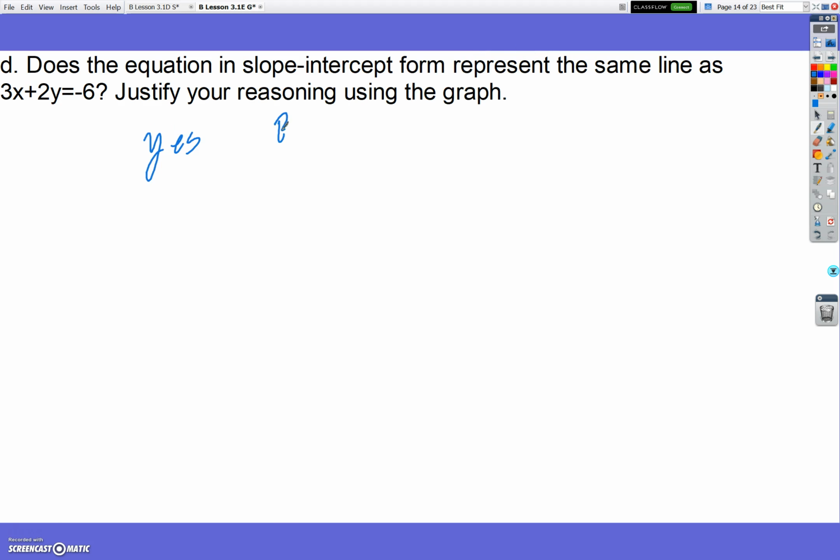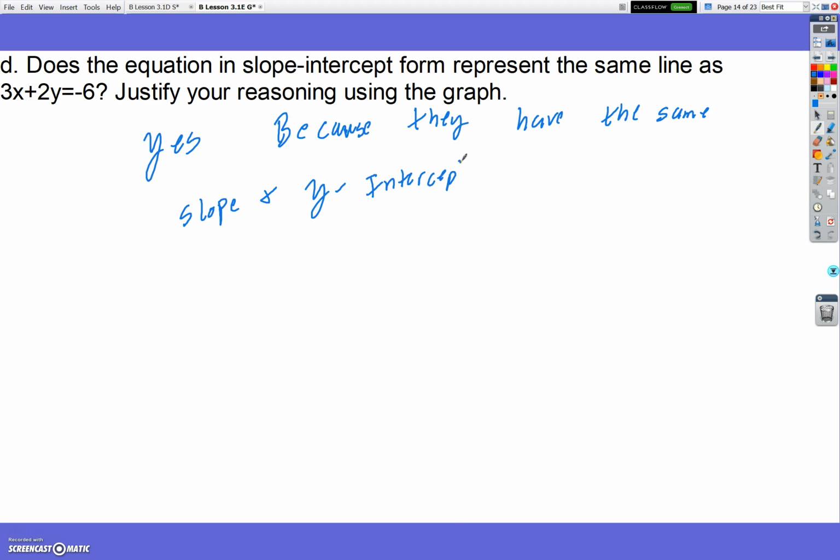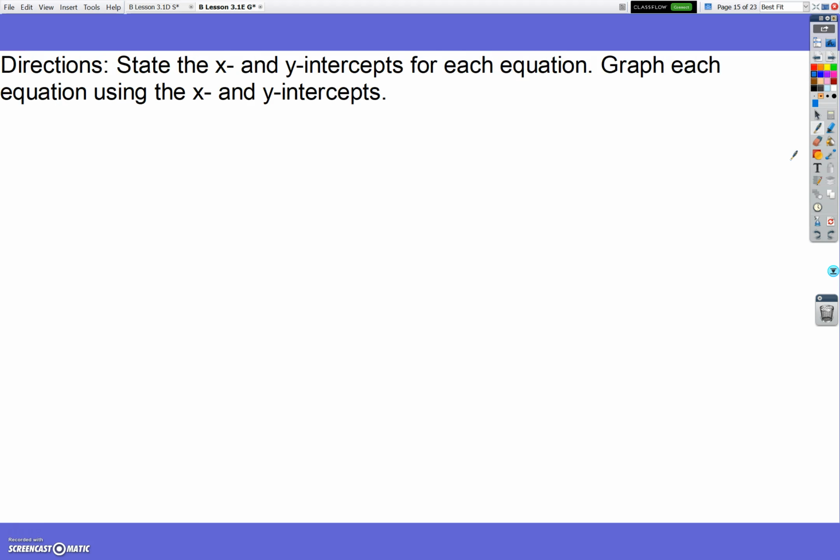Yes, because they have the same slope and y-intercept. Cool.